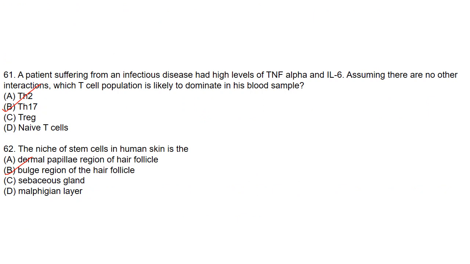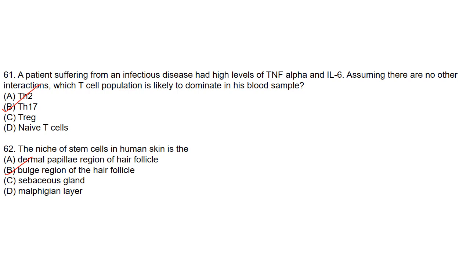Then a patient suffering from an infectious disease had high level of TNF alpha and interleukin 6. Assuming there are no other interactions, which T cell population is likely to dominate in his blood sample? So differentiation of Th1 is the combination of transforming growth factor and interleukin 6. Differentiation of Th17 cells takes place through a combination of TGF beta and interleukin 6.